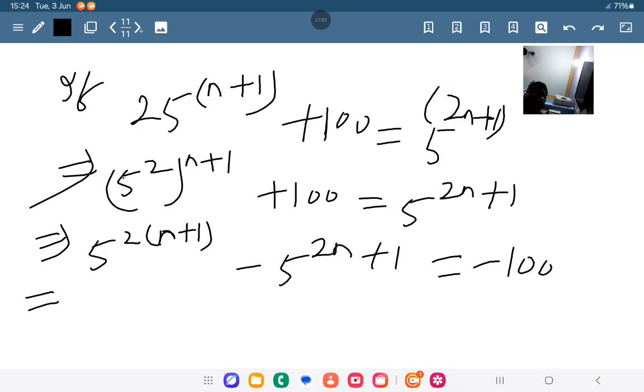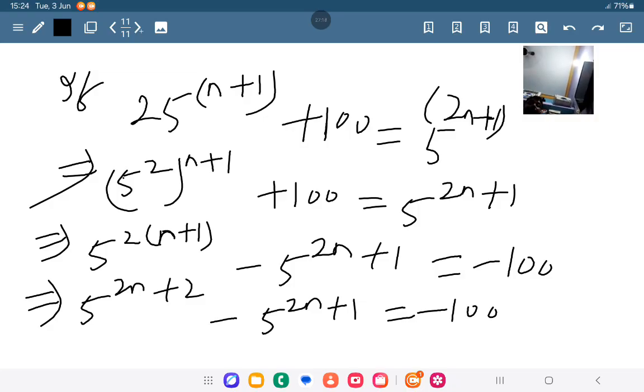That implies it is 5 to the power 2n plus 2 minus 5 to the power 2n plus 1 is equal to minus 100.